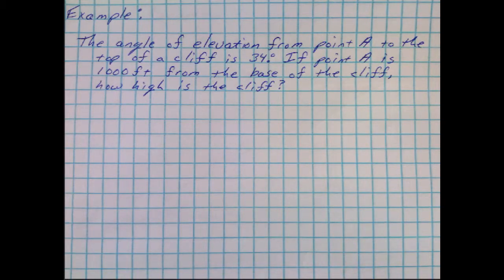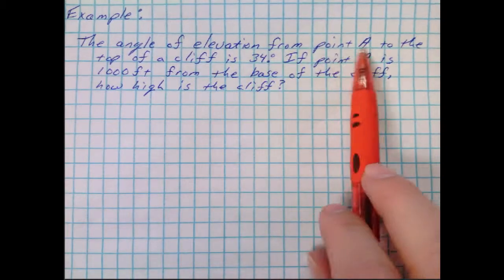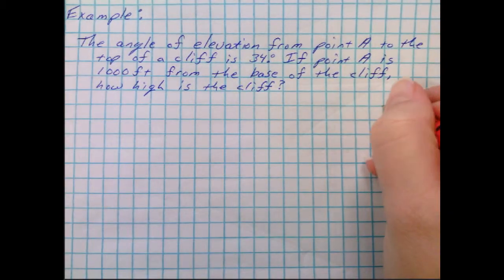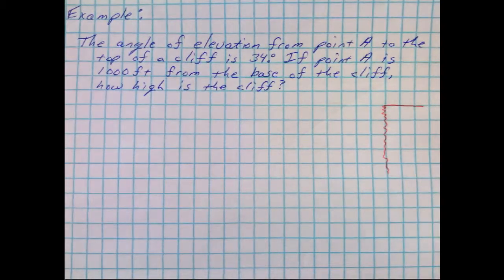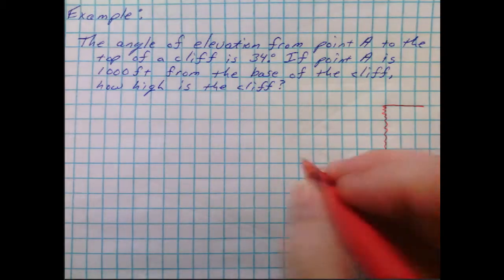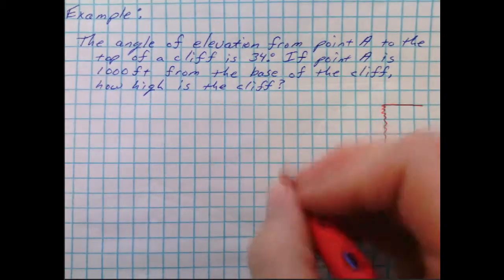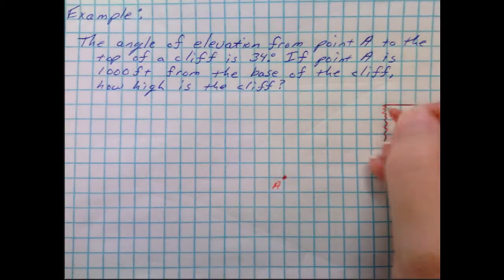For this one, we're going to be drawing a picture. It tells us the angle of elevation from point A to the top of a cliff. So I'm going to have a cliff here. So here's my cliff. And I've got some other point that's clear out here, that was point A to the top of a cliff.